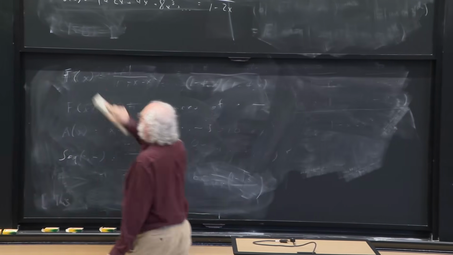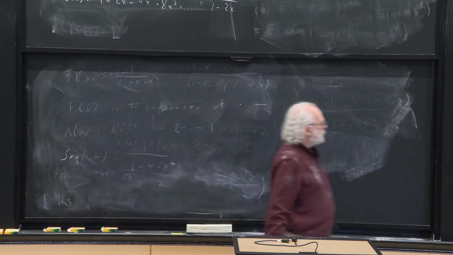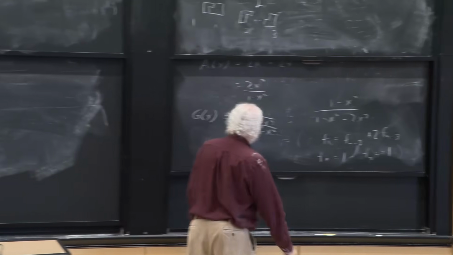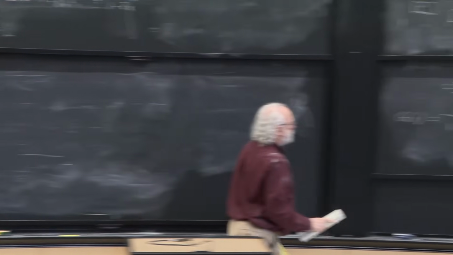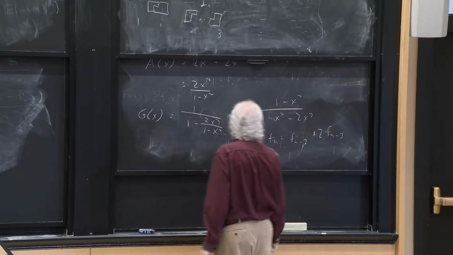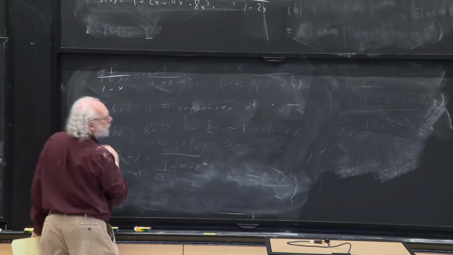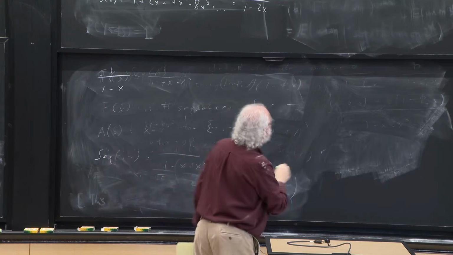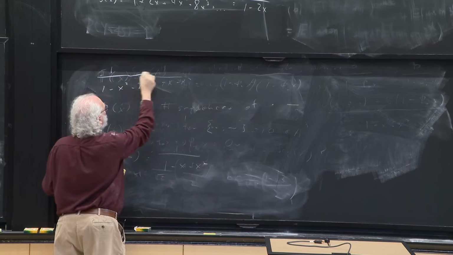And I should not say this is f2 equals minus 3. What was that? 1 over 1 minus x squared minus 2x cubed.